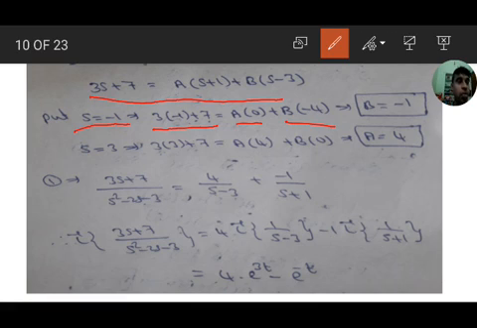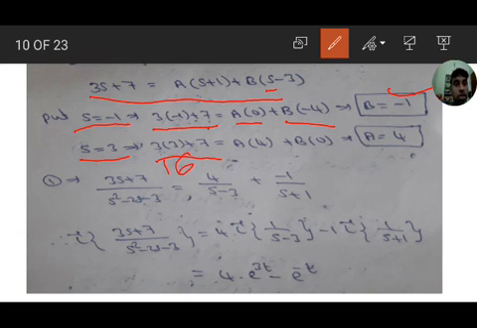So B into minus 1 minus 3, that is minus 4. So minus 3 plus 7 is 4, equal to B into minus 4. So 4 cancels, B equal to minus 1, we get the answer. And substitute s equal to 3, we get 3 into 3 plus 7, that is 9 plus 7, that is 16.